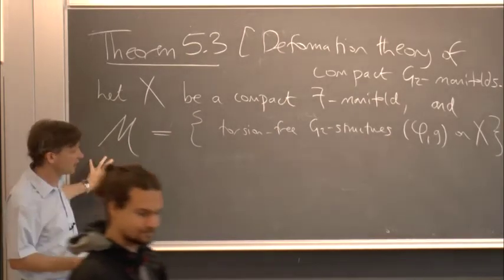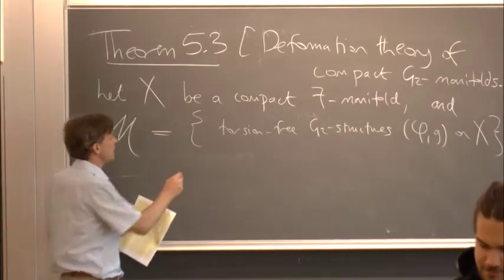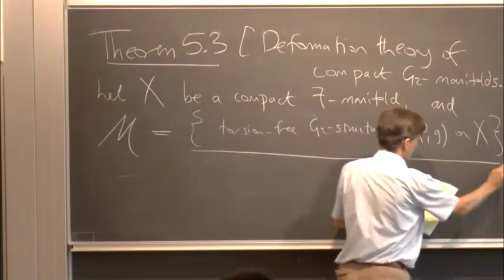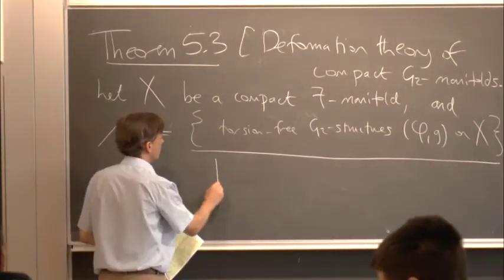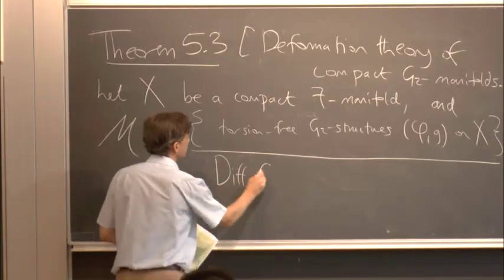So if we want to get something more sensible, we want to divide out by the group of diffeomorphisms of X.